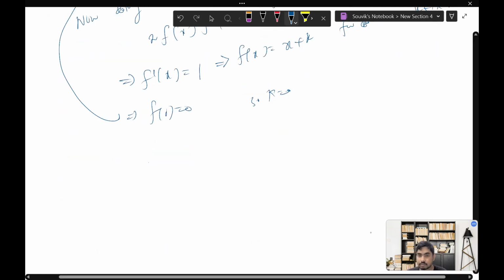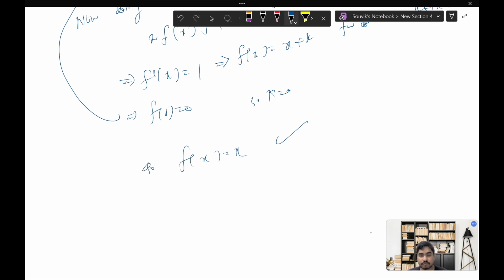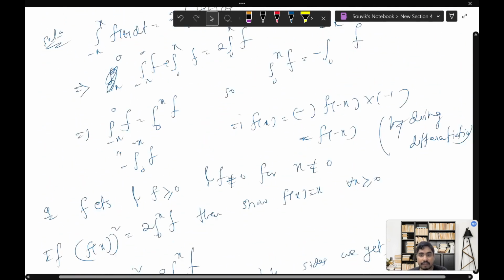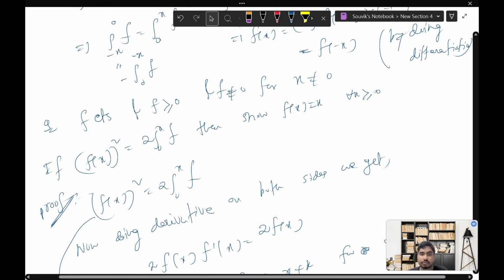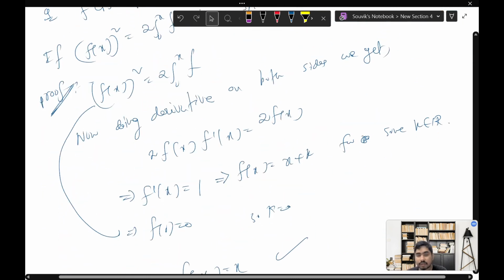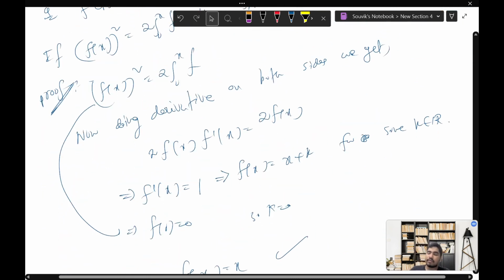So f(x) equal to x. Basically in this type of problem, whenever a relation is given, you just need to do the derivative on both sides, and by using the given conditions we can easily get the answer. Okay, so that's the point here.